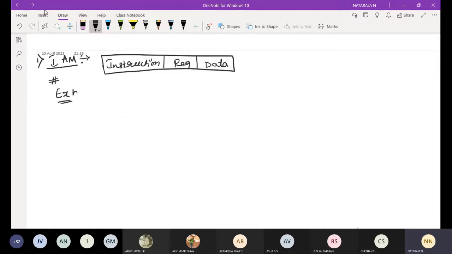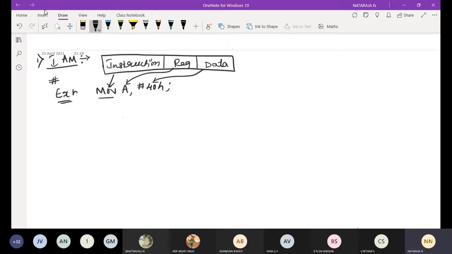Now I am going to write the example. Example: MOV A, #40h. See here, first one is the mnemonic, this is the operation, and we write a comment here. Move is an instruction, the accumulator is the register, and 40 is the data.